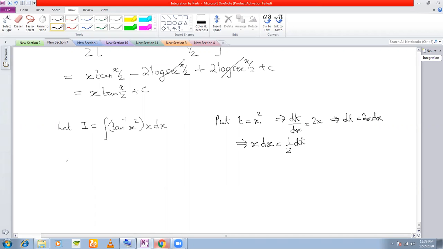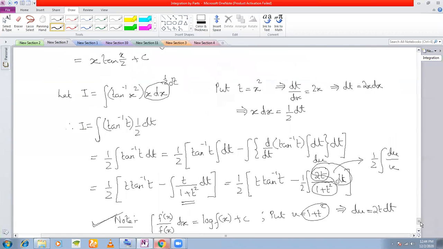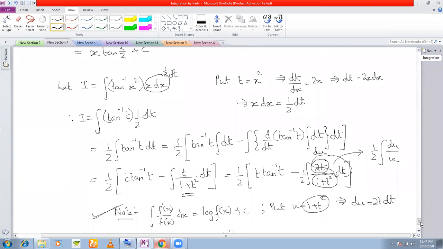So now you put it in this integral. Therefore, I is equal to integral, this x dx becomes your dt, half dt. Now we had taken t to be x square.